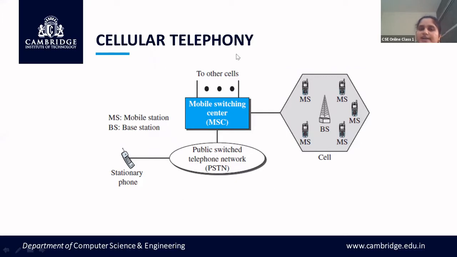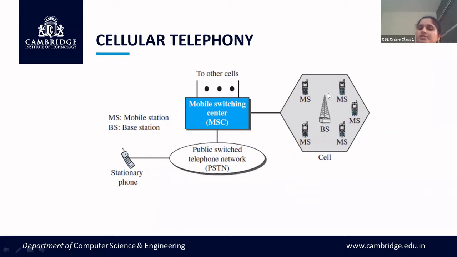So this is the architecture of your cellular telephone. Here the basic unit of cellular telephony is the cell. It consists of two terminologies: base station and mobile stations. Mobile stations are nothing but your cell phones. Your base station is your tower or antenna which is used to send wireless signals.